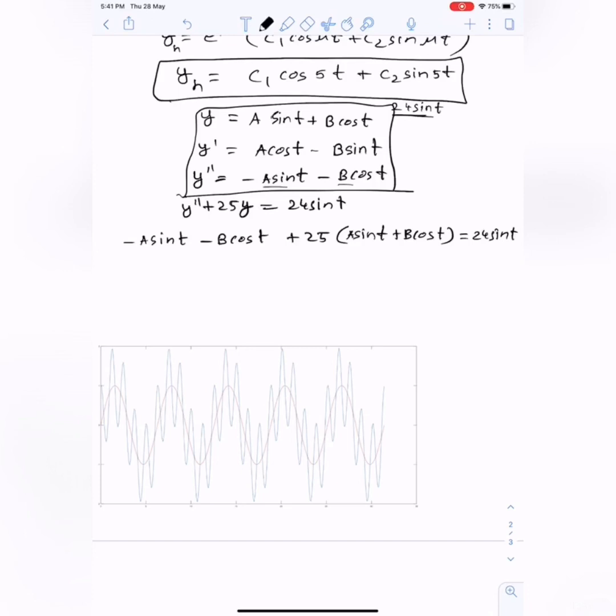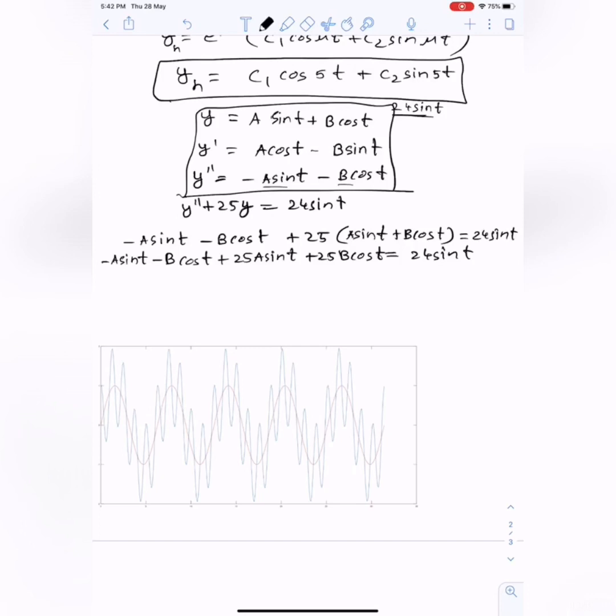This means minus a sin t minus b cos t plus 25a sin t plus 25b cos t equals 24 sin t.